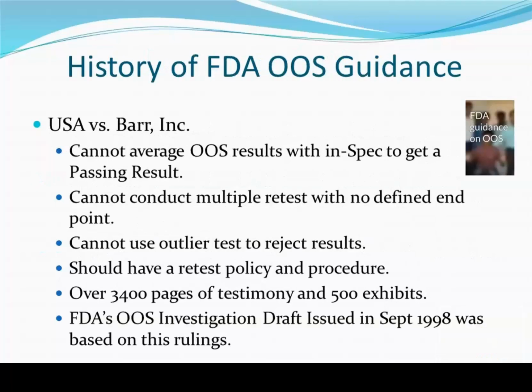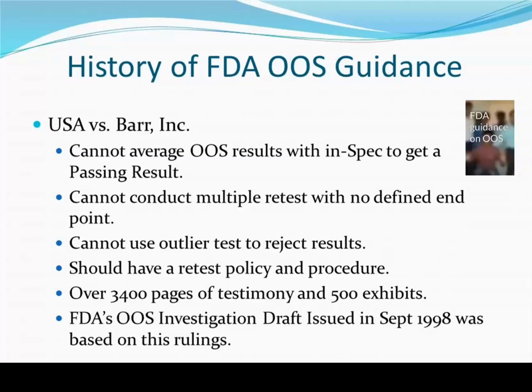As we all know, as I said in the beginning of the webinar, there is the out-of-specification guidance on FDA.gov, but it wasn't always there. Some history behind it, as you probably all know: there was a landmark court case, the USA versus Barr Laboratories, where the FDA inspectors had descended upon Barr Laboratories many years ago.